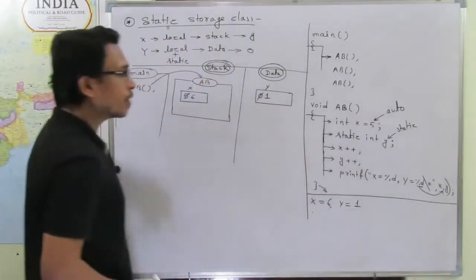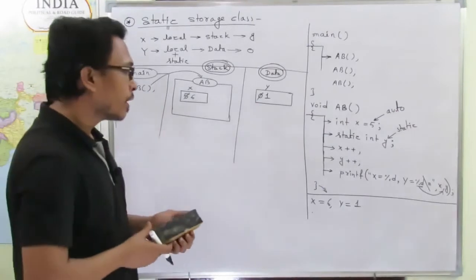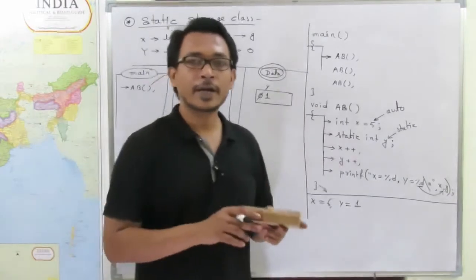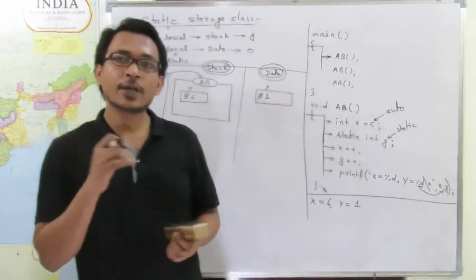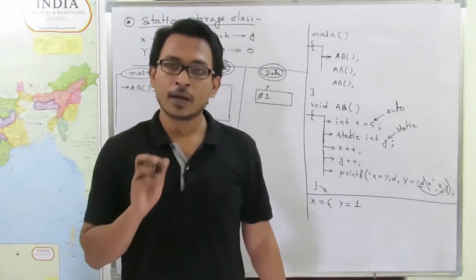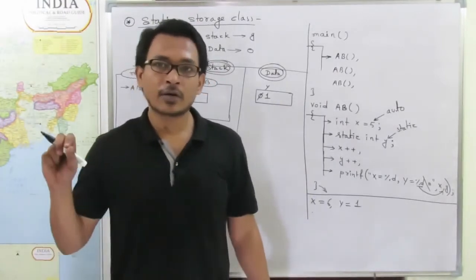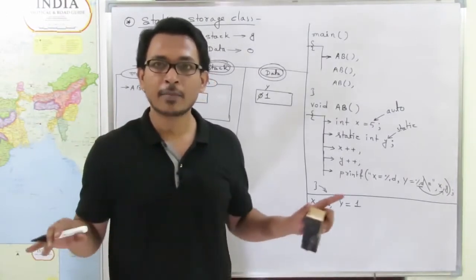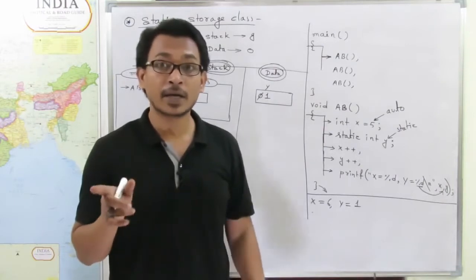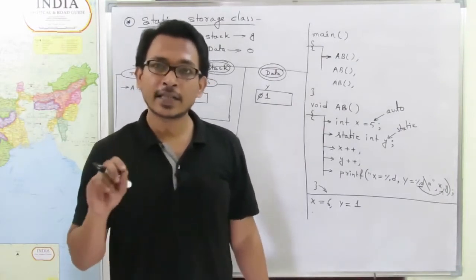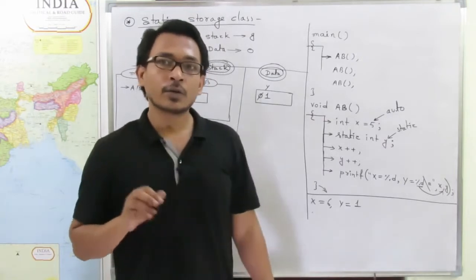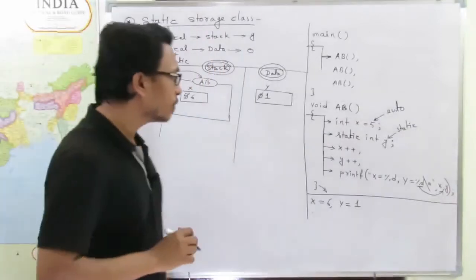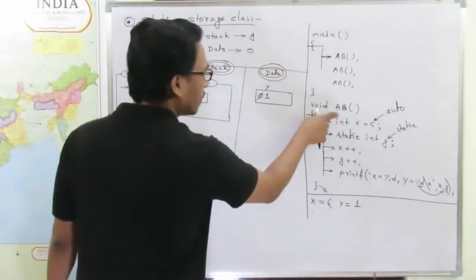Now control comes out from the function. Now look here. When control comes out from any particular function, at that time all the memory spaces allocated to that particular function in stack section and heap section will be deallocated by the system. But whatever variable we declared as static variable, all those variables will remain unchanged in the data section. Clear? So which memory spaces are allocated to this ab function?